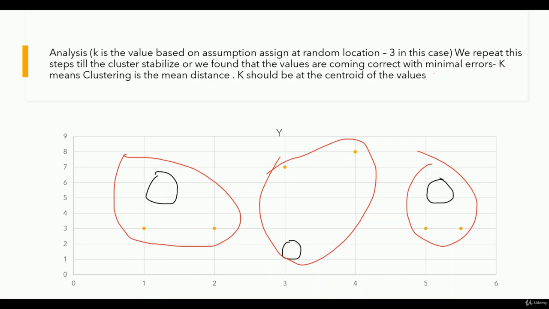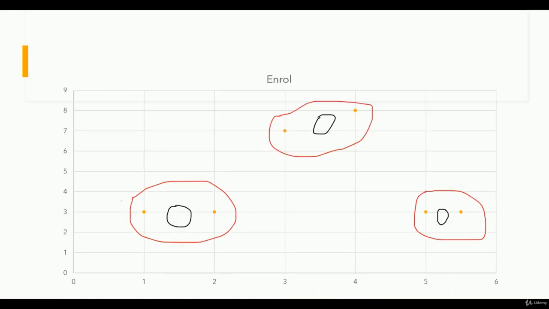We will repeat these steps so that our cluster will stabilize and find the actual values, that is, whether it is correct or not, with minimal errors. You need to follow this process until the black circle, or the k value, becomes the median of these 2 yellow spots, as shown in this figure.